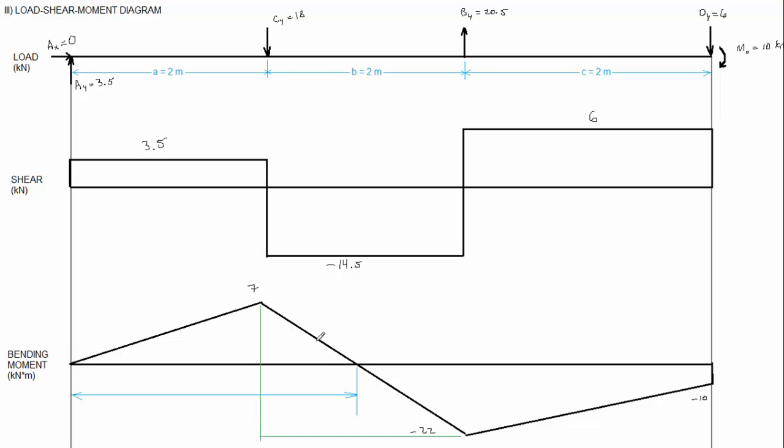There are a couple of ways to calculate this distance. Probably the easiest one is to use similar triangles. Here, this larger triangle has a height of 29 and a base of 2. We have a smaller triangle right here, which has a height of 7 and an unknown base.